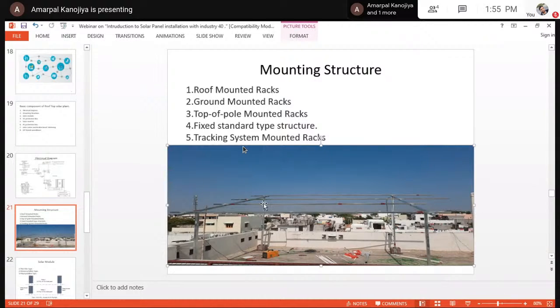In the fixed standard type structure, the solar panel direction remains steady. In a tracking system mount, your panel moves as the sun moves from east to west. The slant direction follows the south face. So this is the fixed standard type structure. This is the structure of a 5 kilowatt solar power plant.